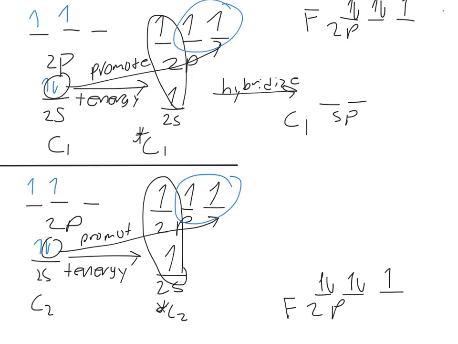So we have sp, and then we just have 2p. Because the 2p was not hybridized, it's going to actually have a little bit higher energy level than the sp. So we have 2, 3, and 4. Same thing with the other carbon.